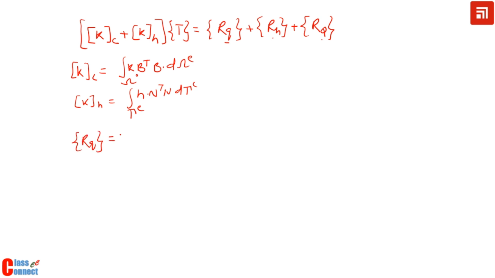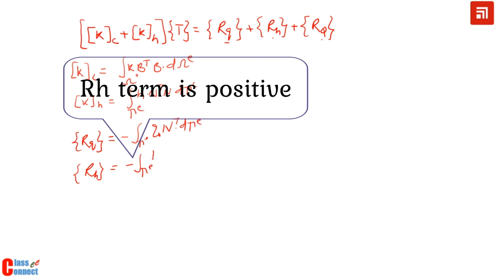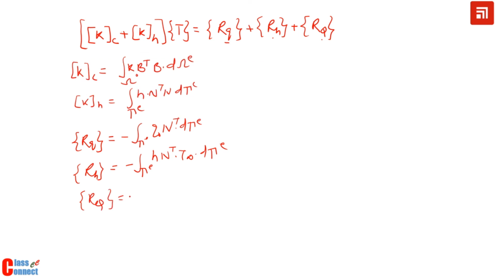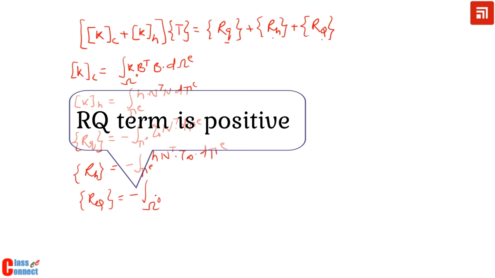R_q, that is the heat flux boundary condition, is given by minus of q naught N transpose dσ, and R_h is given as minus of h N transpose T infinity due to the heat convective boundary conditions, and R_Q, that is the load vector due to internal heat generation, is given over the domain, that is Q N transpose dΩ over the element.